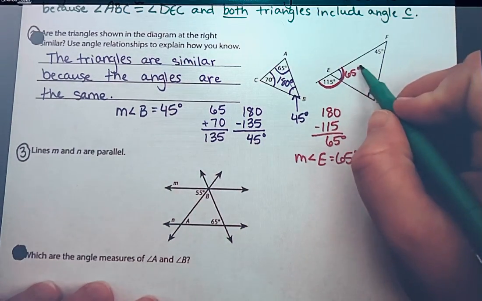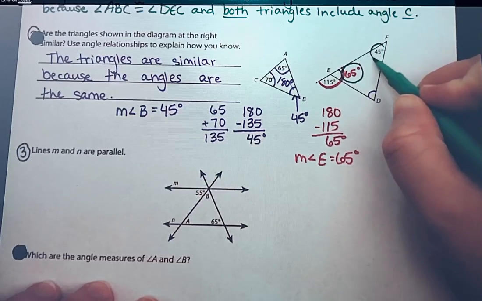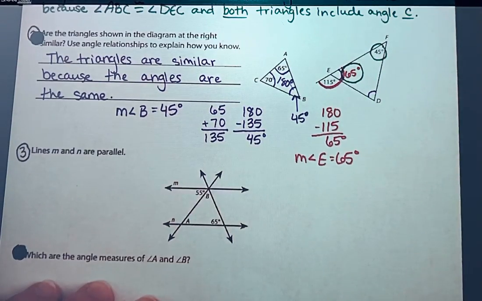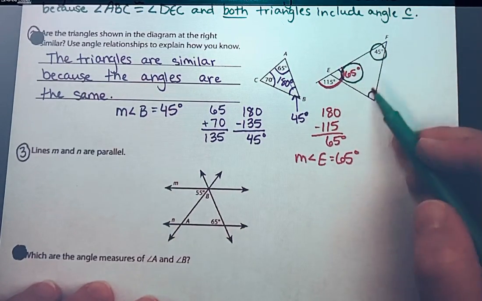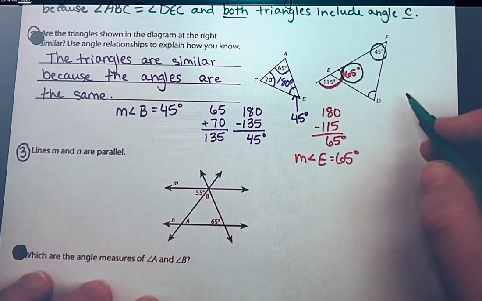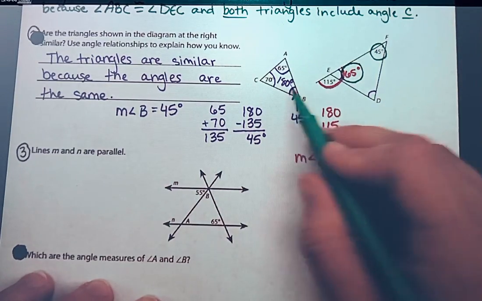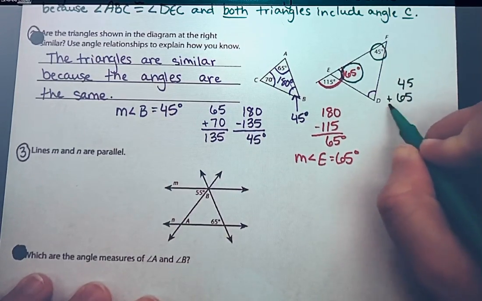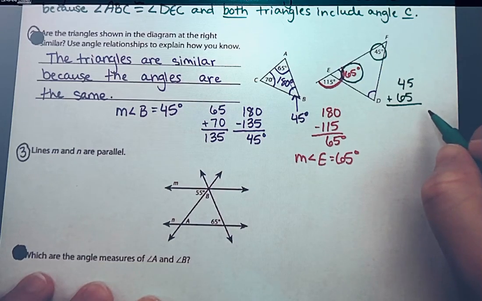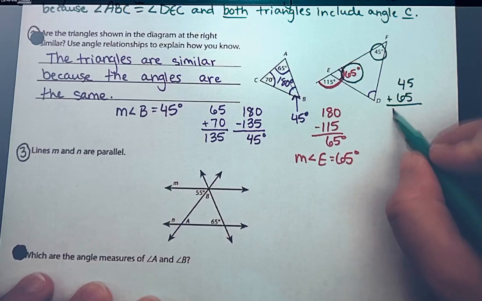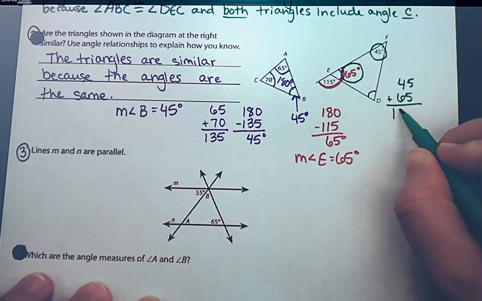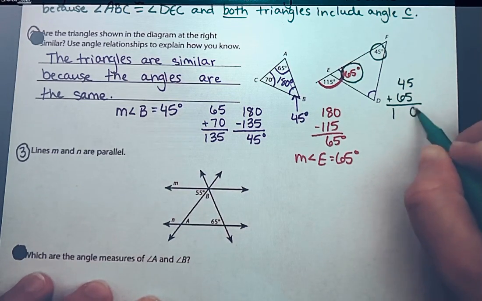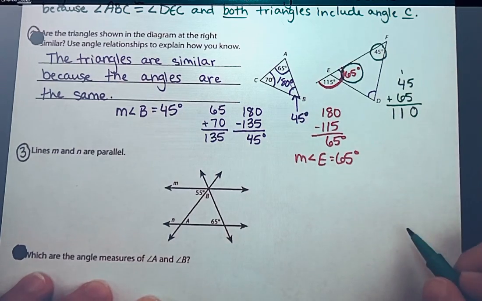D, I have this angle measurement, and then a missing angle measurement. All three of these angles add up to be 180 degrees. So, just like I did for this problem here, I'm going to add up 45 plus 65. 45 plus 65 is going to give me 110.